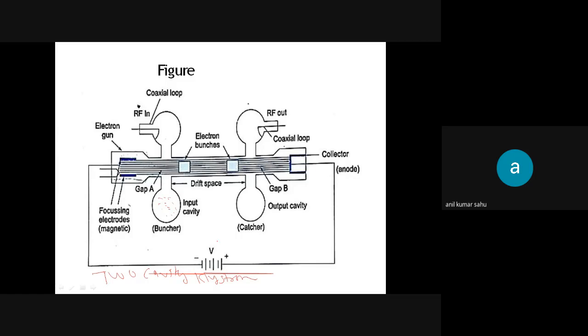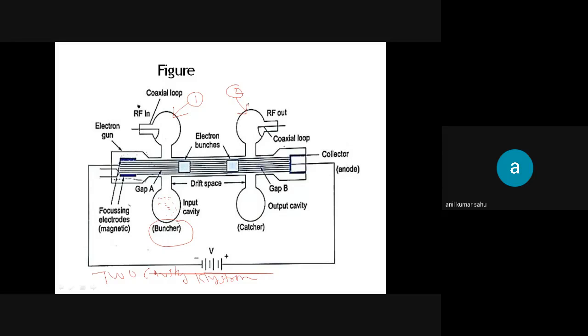Starting with the cavities: this is cavity number one, and this is cavity number two. The first cavity is called the buncher cavity, because electron bunching happens in this cavity.